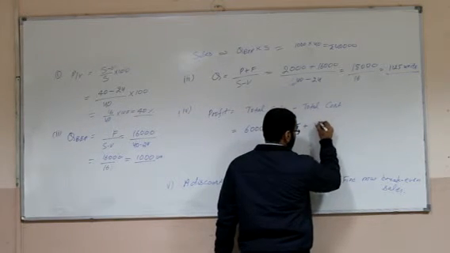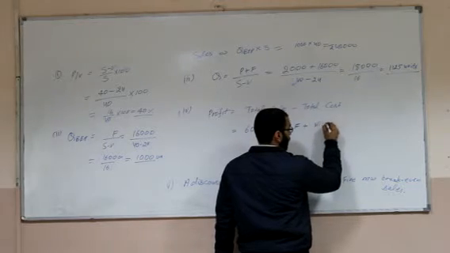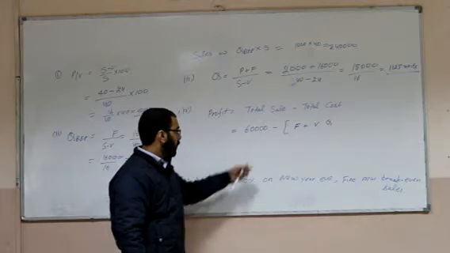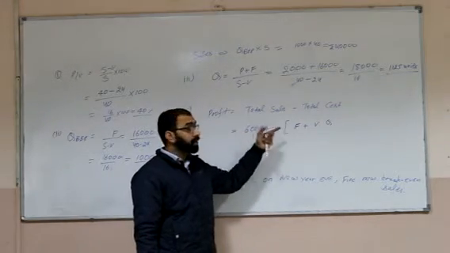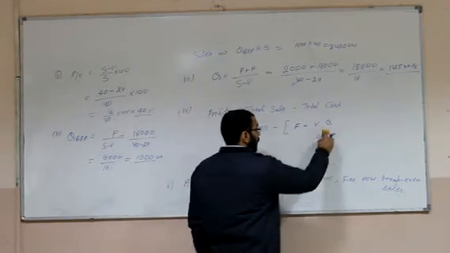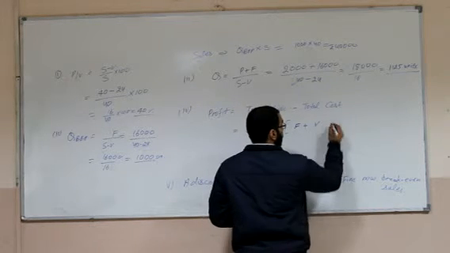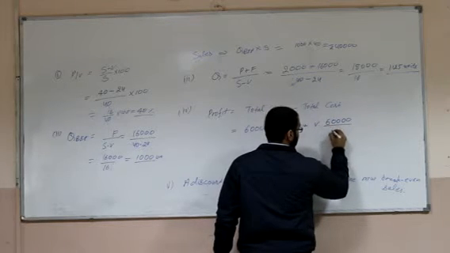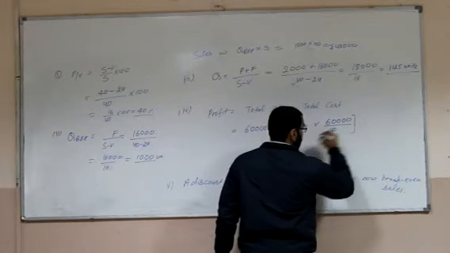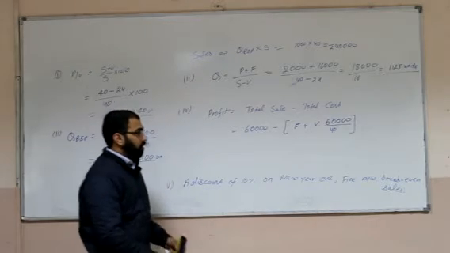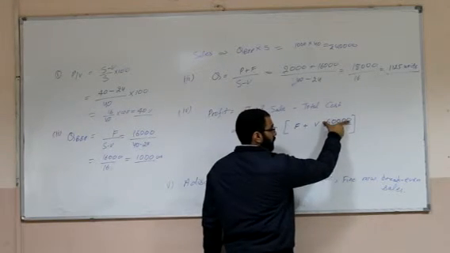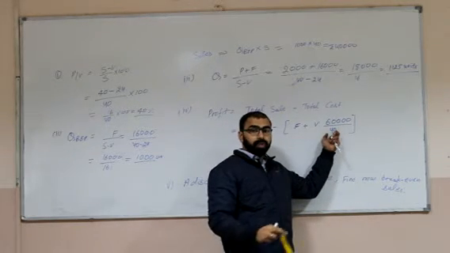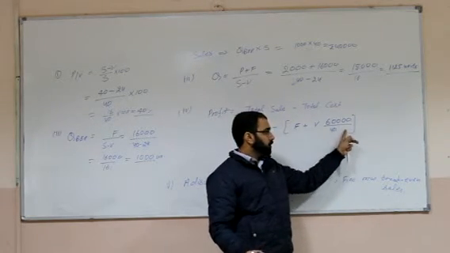Variable cost is the variable cost per unit multiplied by Q, the quantity sold. So at 60,000 how many quantities will be sold? We can calculate directly: 60,000 divided by the selling price, that is 40. 60,000 revenue is generated at 40 rupees per unit. So this is the quantity I need.